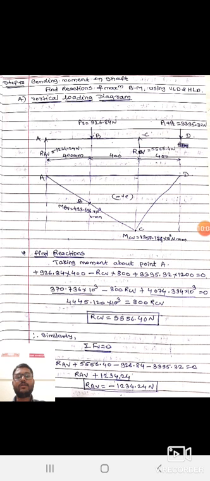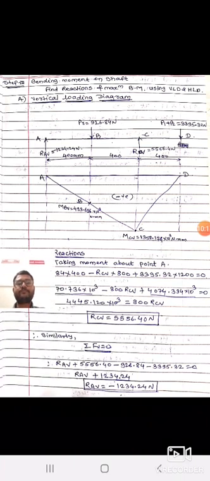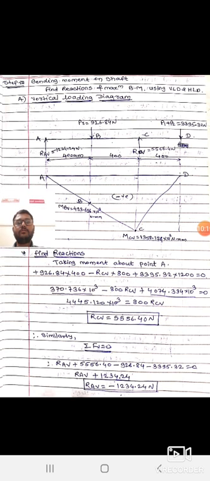We get the answer for RCV, the reaction at point C, equal to 5556.40 Newton.